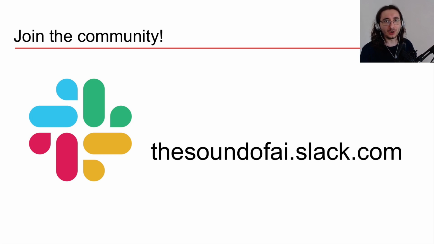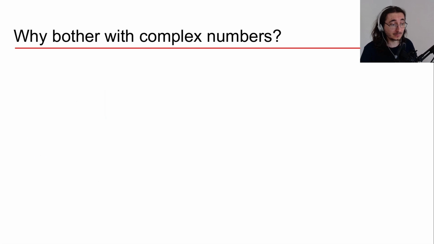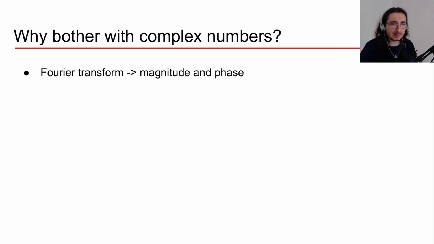But now let's move on to the topic of today's video, the complex numbers. So why should we bother with complex numbers in the first place? Well, aren't real numbers good enough? Well, it turns out that when we are dealing with the Fourier transform, if you remember from my previous video, we usually get a couple of parameters for each of the pure tones, pure frequencies that we decompose a complex sound into.